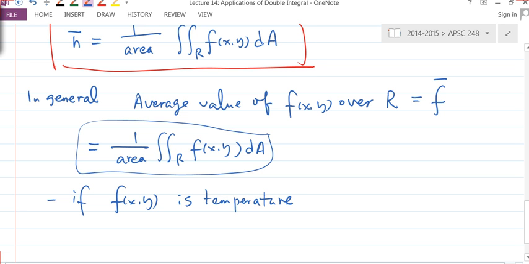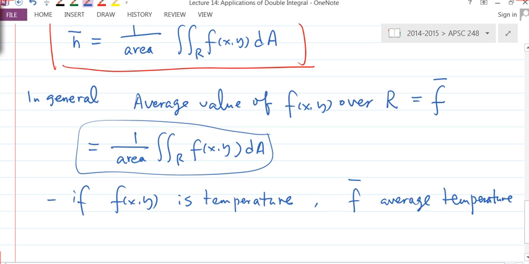Then when you plug it into this formula, you get the average temperature over this region R. That makes sense, right? If this is the temperature, then f bar is the average temperature.